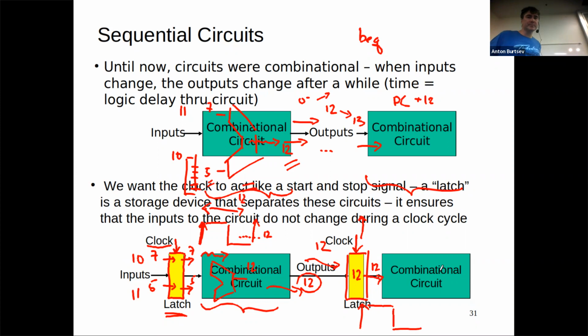Question? People are designing the clock based on the slowest circuit? Yeah, I mean, first of all, I'm not an expert on clocking methodology yet. It might be a little bit harder than we naively think about it.